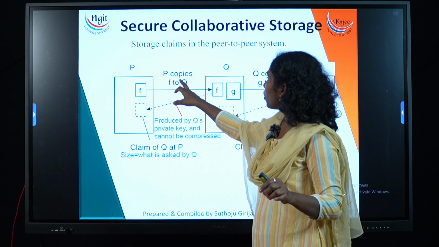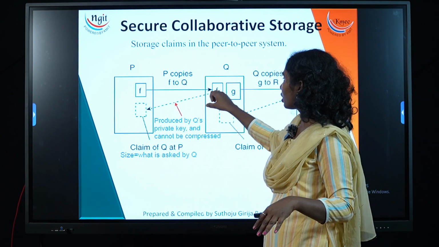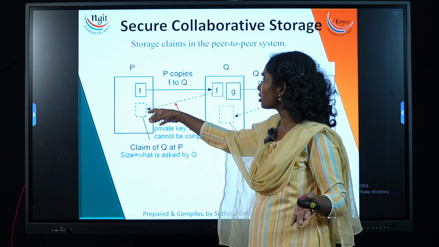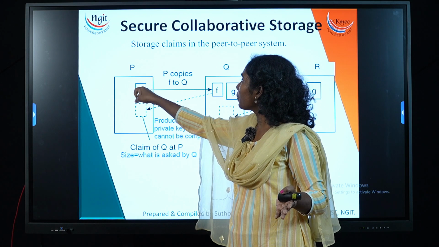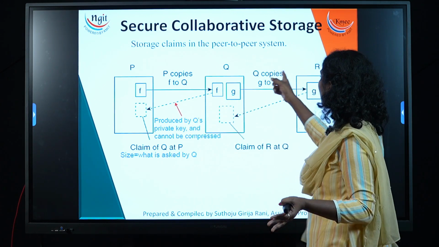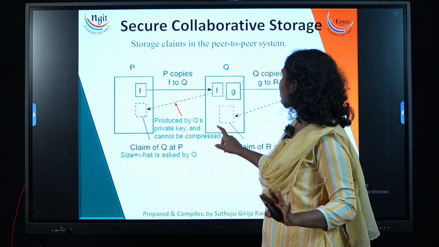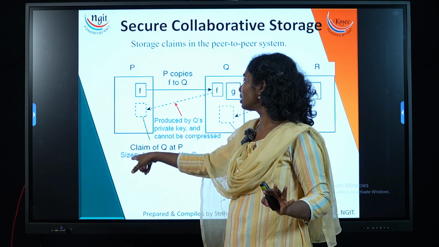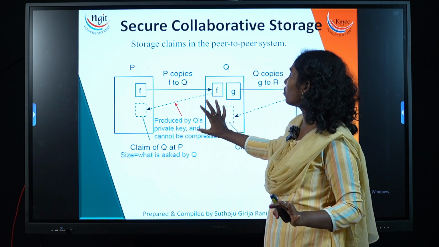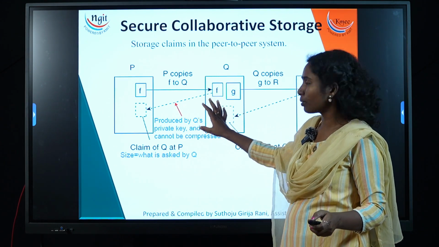Whenever a request comes to a particular peer, it starts asking for the data from the peer entities. Now we are going to maintain F in Q and G in R. What is the total storage? The size will be what is asked by Q, so Q's size will decide the overall storage we need for the particular file system.